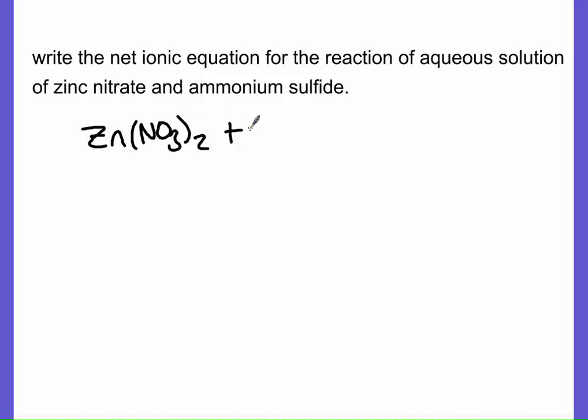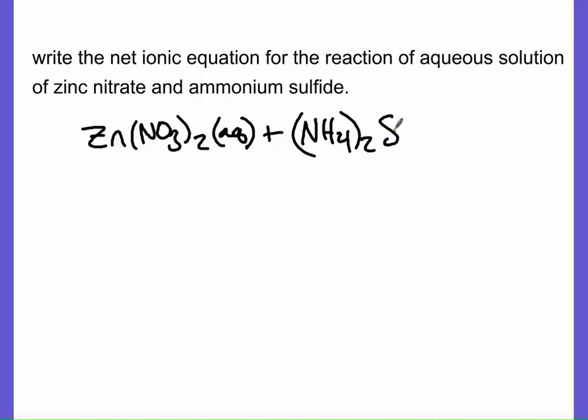And then I'm going to combine that, better put my aqueous here, with ammonium sulfide. In this case, I'm going to need 2 ammoniums with a +1 charge to balance out a sulfide with a -2. But I'm going to combine those two things, and I'm going to write a net ionic equation.